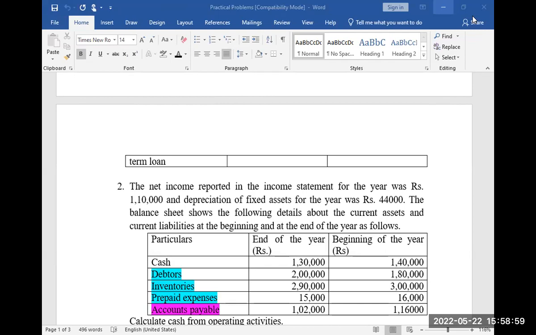Any changes there? Are you able to find some connection between what we studied and what is there? So I request you to go through one or two companies' cash flow statements when you are free, to understand what the statement is, how it is prepared, and what you are able to understand from that.